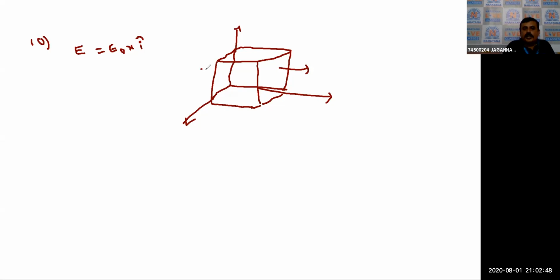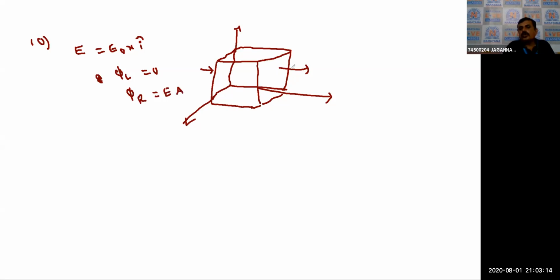On the left side, the electric field is on the axis, so there is no electric field. The flux through the left side will be 0, and the flux through the right side will come as EA.